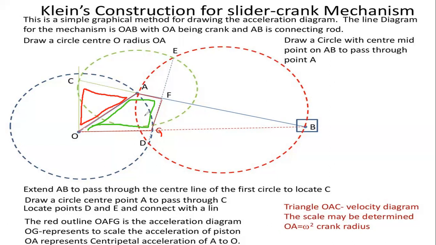So this figure consists of both the velocity diagram and the acceleration diagram. The scale may be determined from the relation OA equals omega squared times the crank radius. So that is the scale observed here.